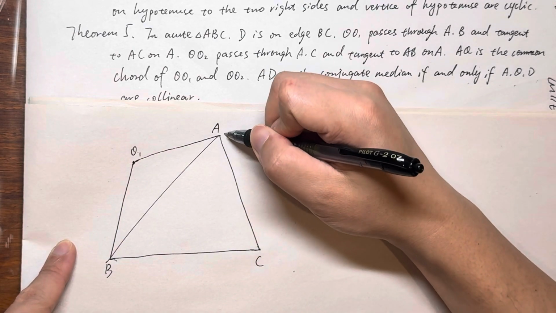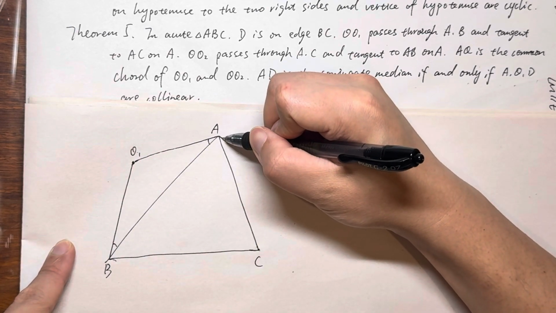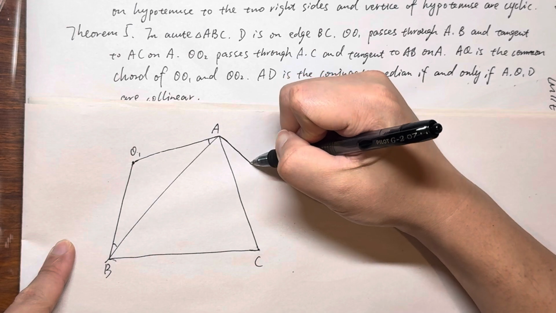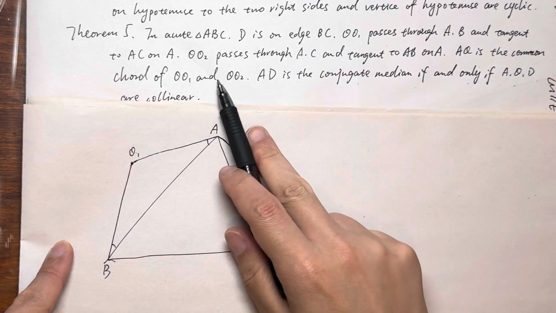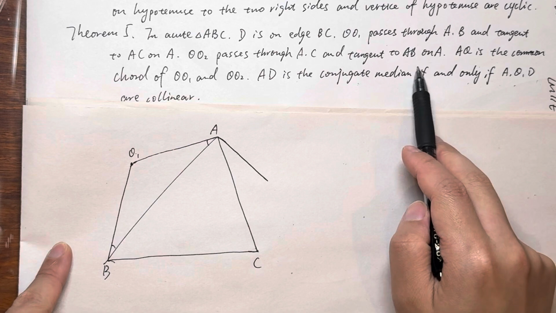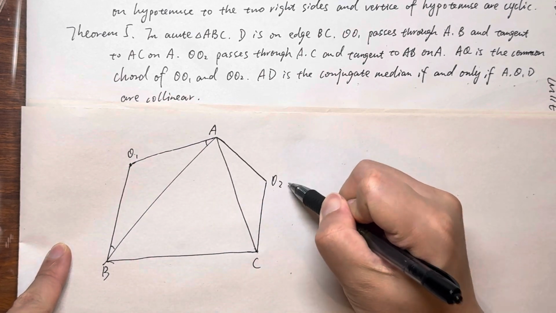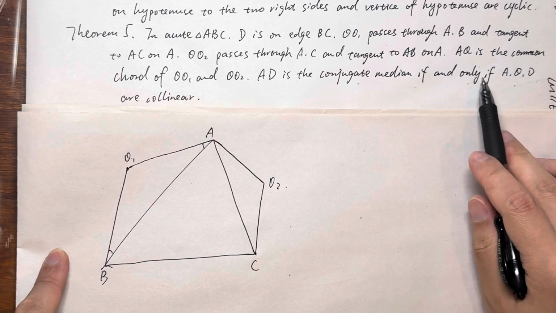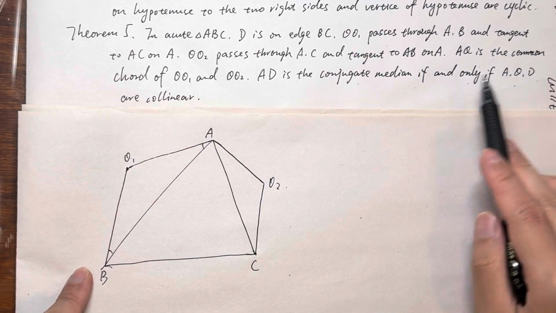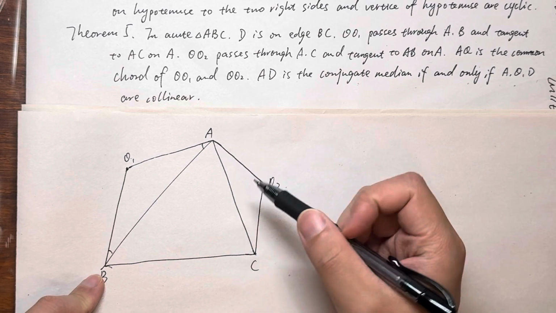And similarly, we can get the same angle here, right? Because this O2 passes through AC and is tangent to AB at A. So it's a similar case. It's O2 here. AQ is a common chord of circle O1 and circle O2.